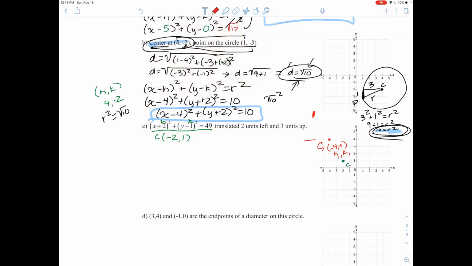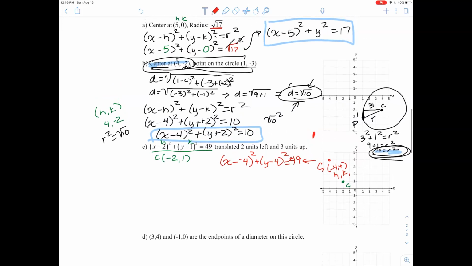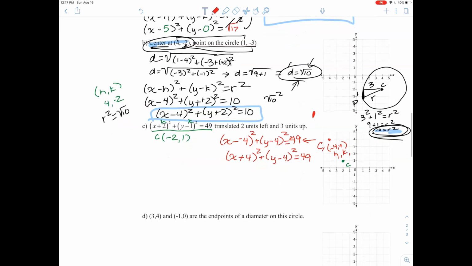So that one would be x minus -4 quantity squared plus y minus 4 quantity squared still equals 49, because I didn't change the radius. The radius is still 7. I just relocated the center of the circle. So finishing that up, cleaning that up there, that would be x plus 4 quantity squared plus y minus 4 quantity squared equals 49. So that's a pretty simple way to do that.